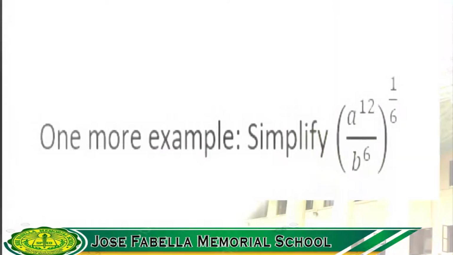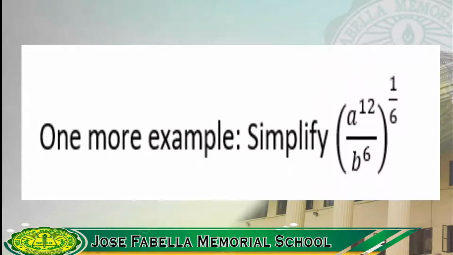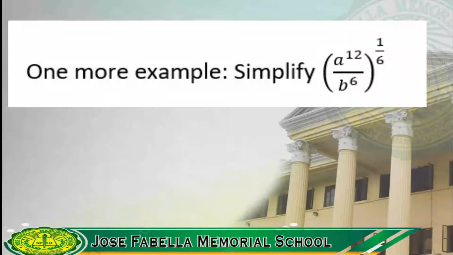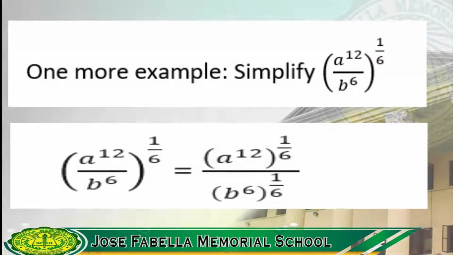One more example. Simplify quantity a raised to 12 over b raised to 6 raised to 1 over 6. A raised to 12 over b raised to 6 raised to 1 over 6 equals a raised to 12 raised to 1 over 6 over b raised to 6 raised to 1 over 6.